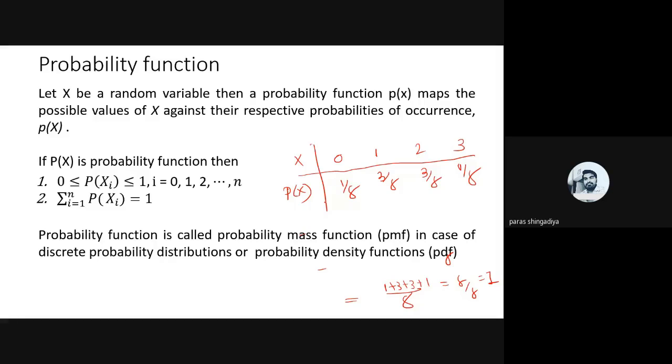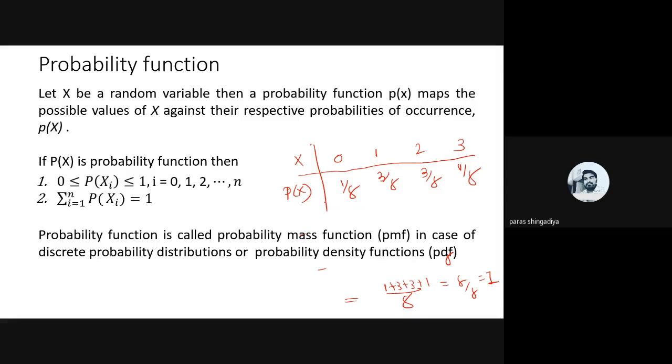Clear? So how can we check the probability function of any random experiment? First derive the probability distribution. Then check the answer of each probability value, which should be between 0 and 1. And the second condition is that you have to take the sum of all the probabilities, find the addition of the probabilities, and the sum should be equal to 1. If both conditions are correct, then we can say it is a probability function.